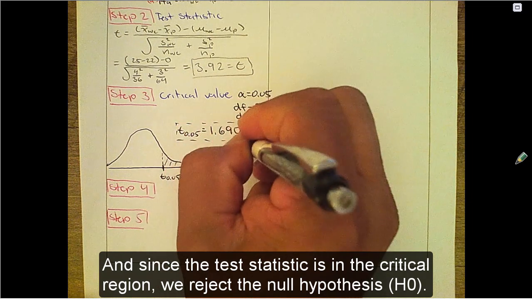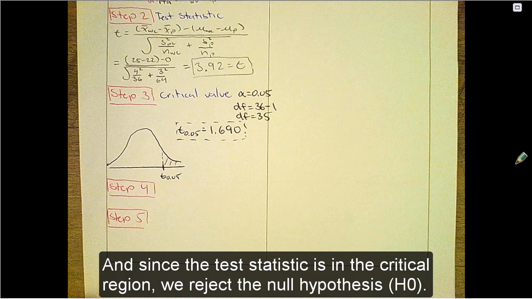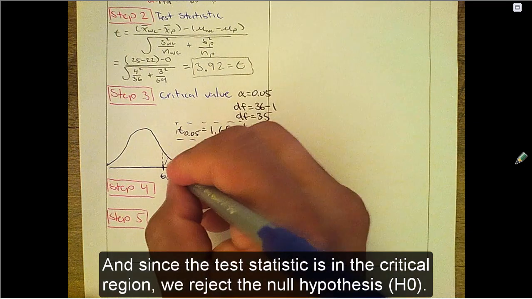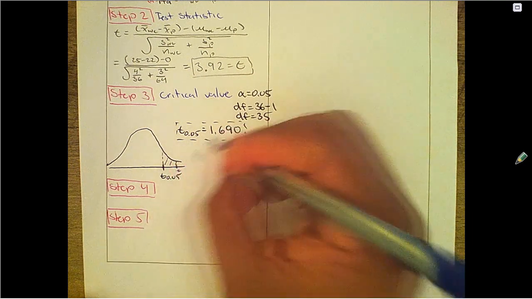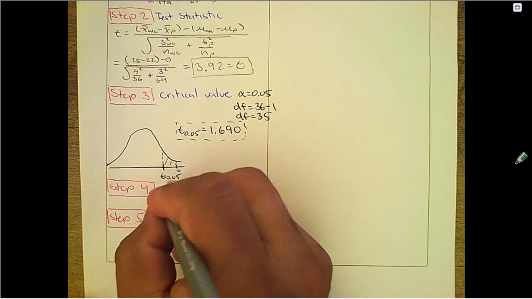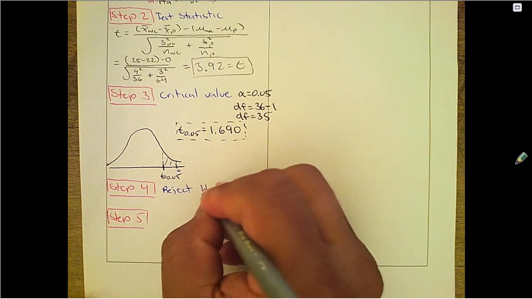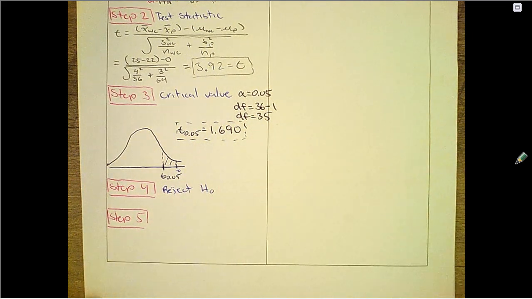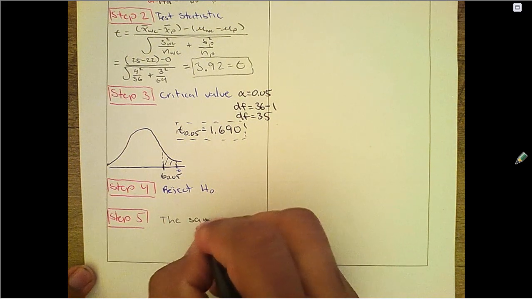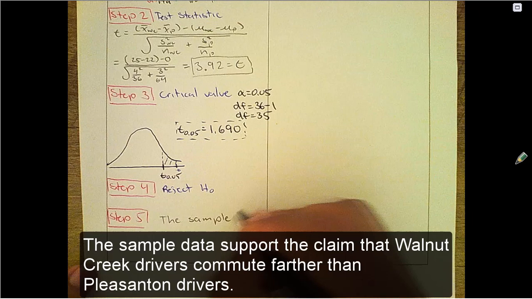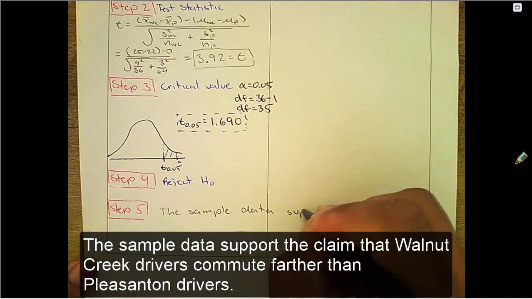And since the test statistic is in the critical region, we reject the null hypothesis. Sample data support the claim that Walnut Creek drivers commute farther than Pleasanton drivers.